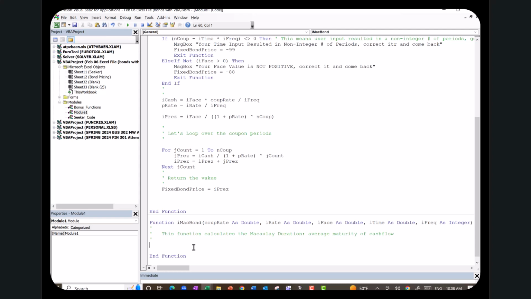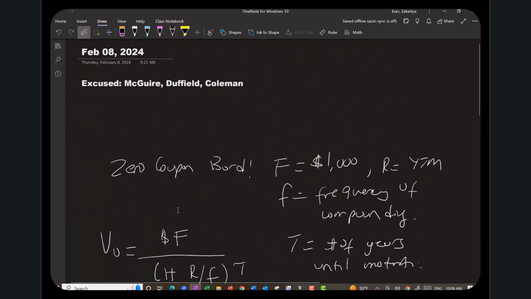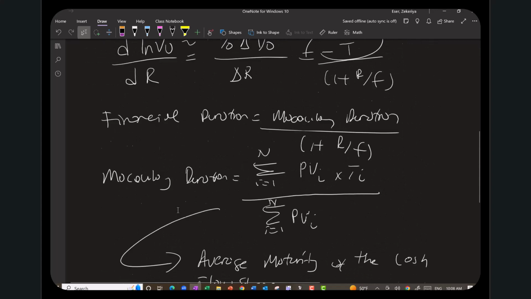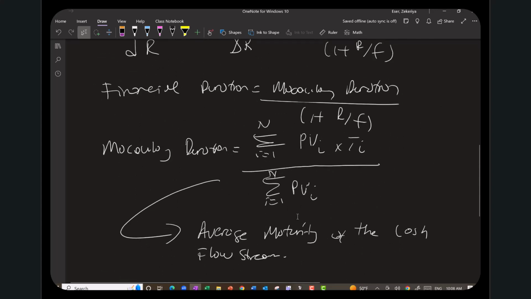No. All right. So what do I need? I need the cash flows. Obviously, I know how to calculate them. And I need how long that's going to take. And I need the present values of those.